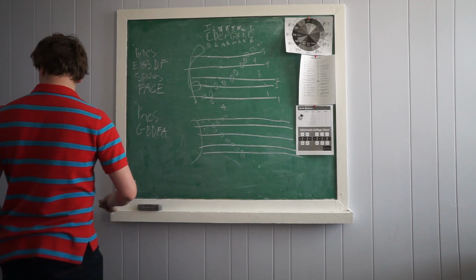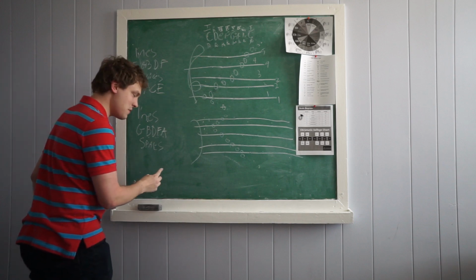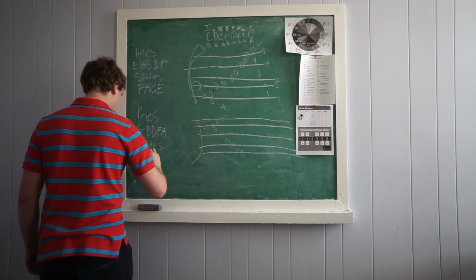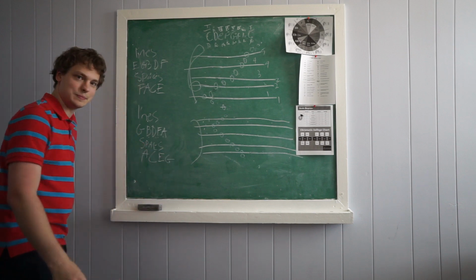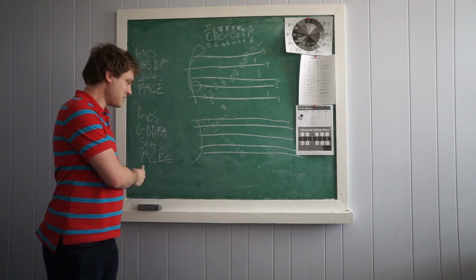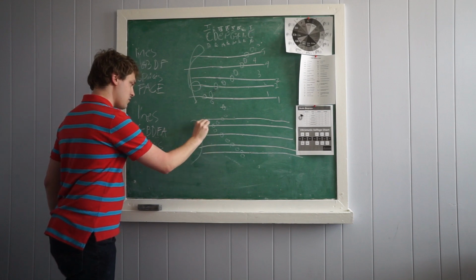Alright? And we also have our spaces. And the easiest acronym to remember our spaces for bass clef is All Cows Eat Grass. So, here are the easiest ways to remember spaces. Spaces are All Cows Eat Grass.